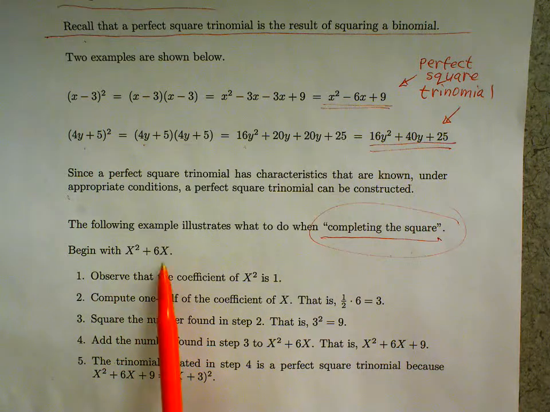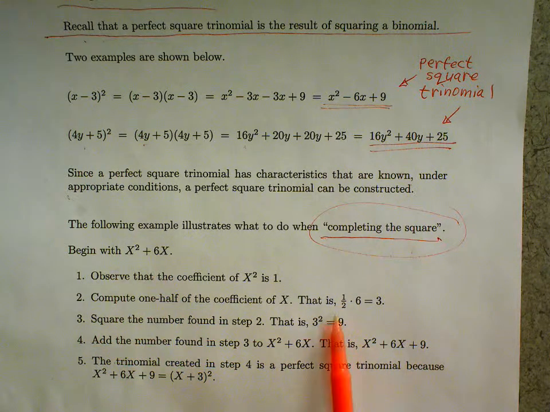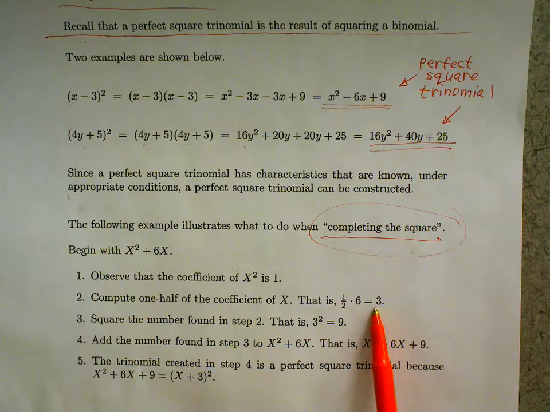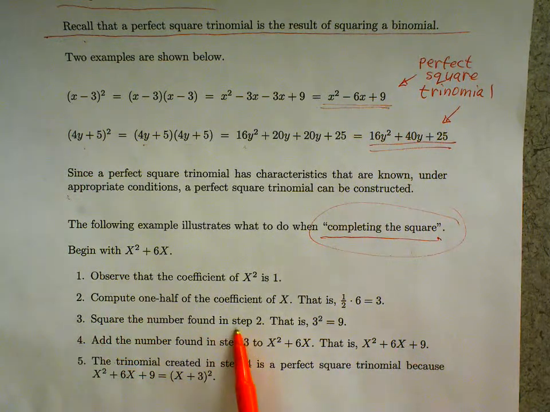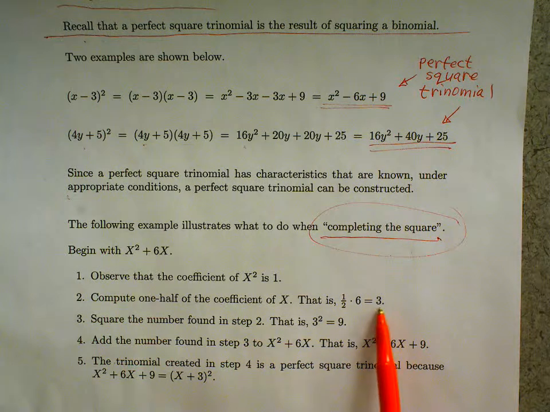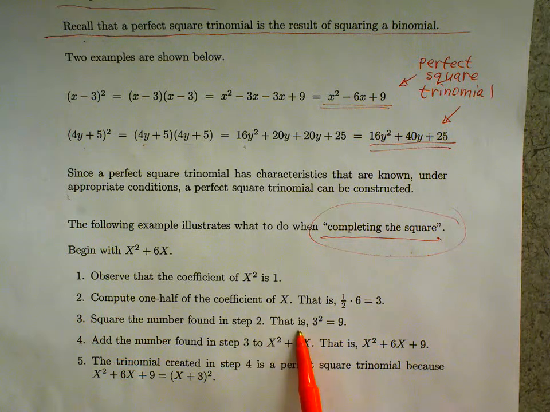The coefficient of x is 6. So we compute 1/2 times 6, which is 3. In step 3, we square the number that we found in step 2. So in step 2, 1/2 of 6 is 3, so in step 3, we square that number. 3 squared equals 9.